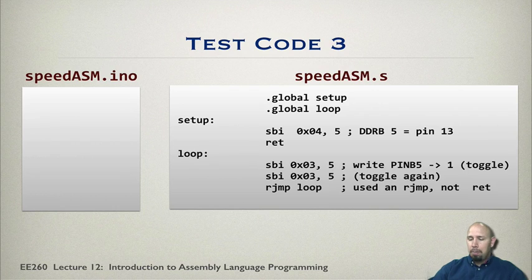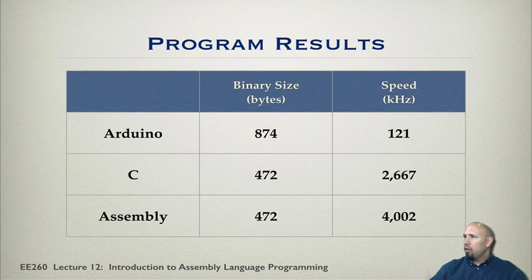So how do the three compare? Here are the three options: the Arduino code, the C code, and the assembly code. In terms of when it's compiled, the Arduino code takes up 874 bytes, the C code 472, assembly 472. So these actually have the same footprint, the same size when compiled.